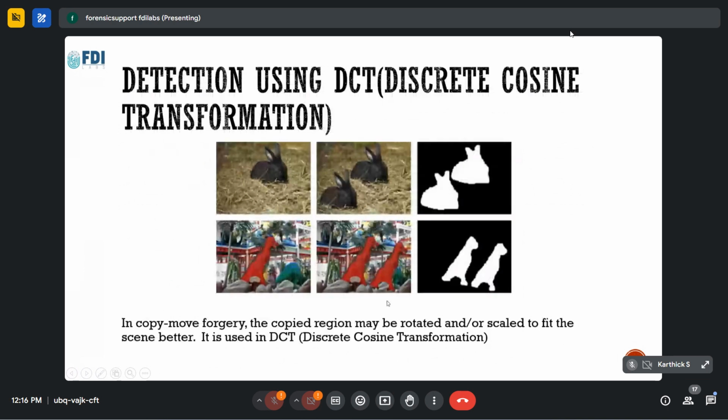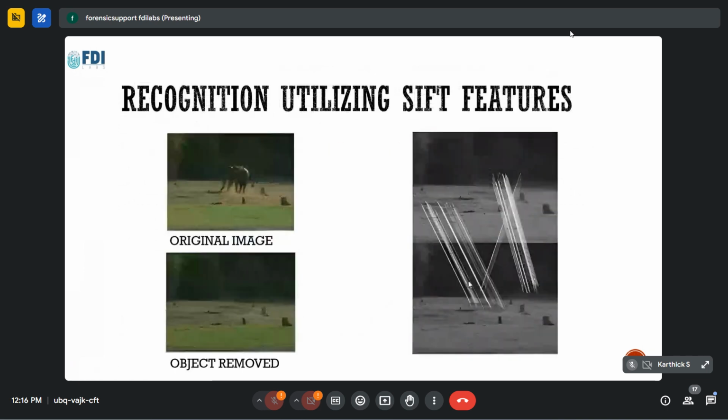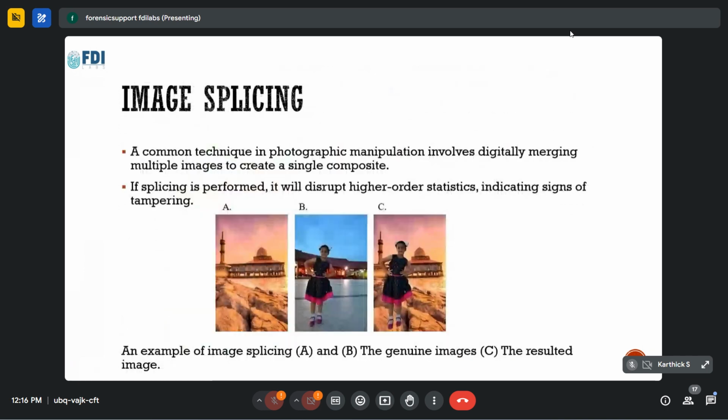But the difference in image splicing is that here is an example that the picture A and picture B, two images are used, altered, and resulting in a manipulated image. You can see that.